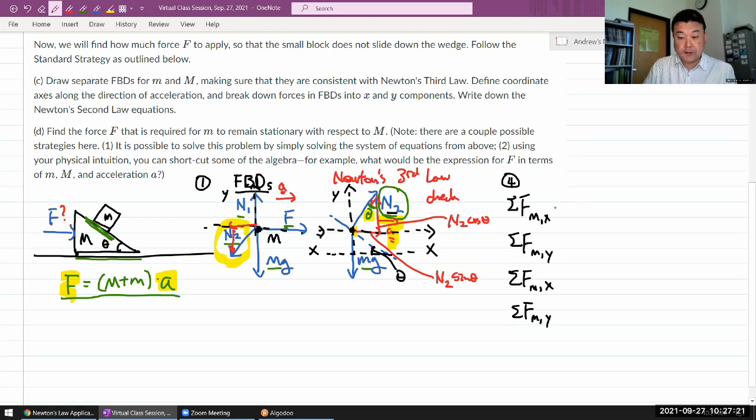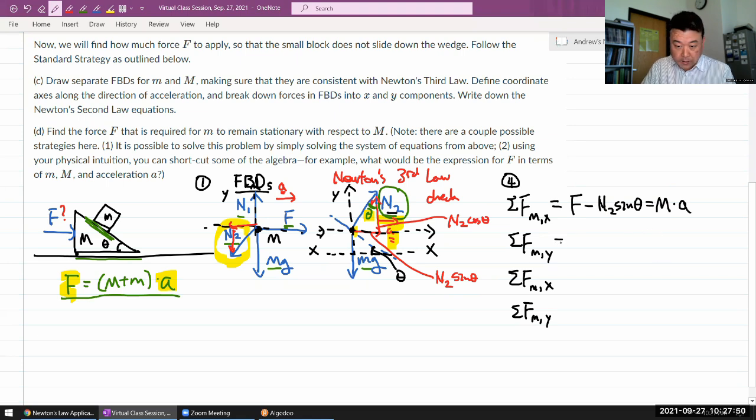So net force on the ramp in the x direction. I have the applied force F minus, going in the negative x direction, the x component of n2. I wrote that as n2 sine theta. So minus n2 sine theta ought to equal the mass times acceleration.